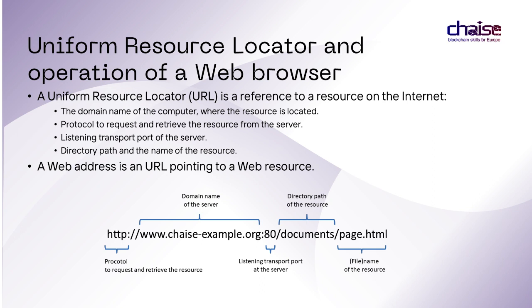If omitted in a URL, the protocol and the corresponding well-known port of the server are selected by the browser. If omitted, the server can respond with a predefined default resource, for example, index.html page. A web address is a URL pointing to a web resource.